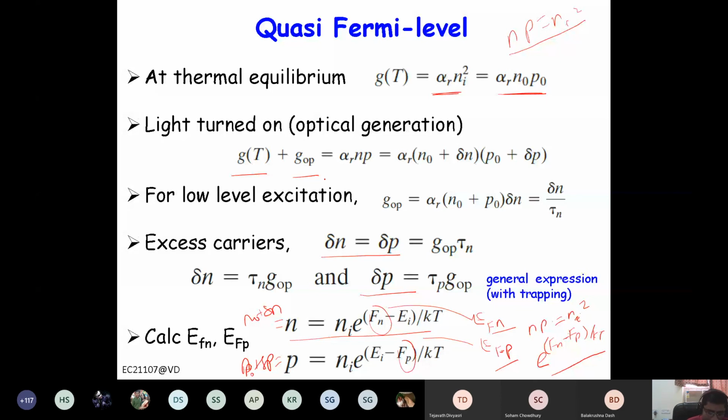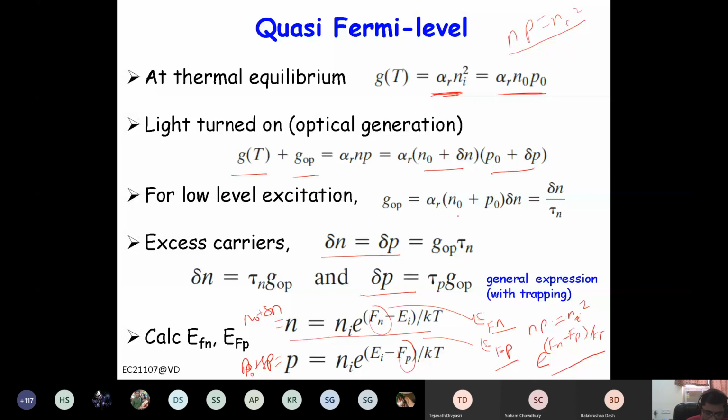If we equate these two, then G thermal is alpha R times ni square, so you remove that one, and the optical generation rate will become alpha R times n naught plus p naught times delta n plus delta n square.